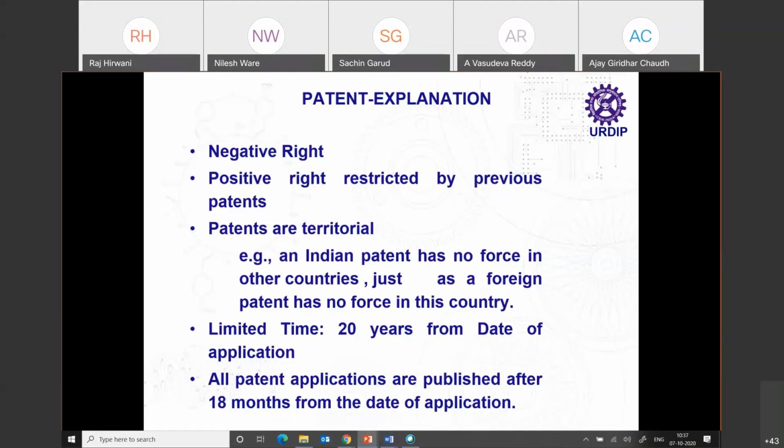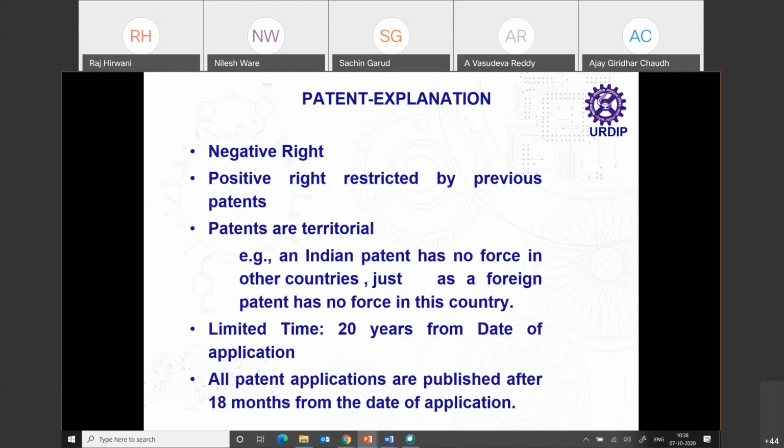You may be infringing upon other people's patents, because all of us do technological innovations based on the existing body of knowledge. There is already prior art which we advance. So you have to ensure that you do not infringe other people's patents, otherwise they will come and sue you. We will touch upon it a little later again. This is an important part of the patent right. A lot of people don't understand.